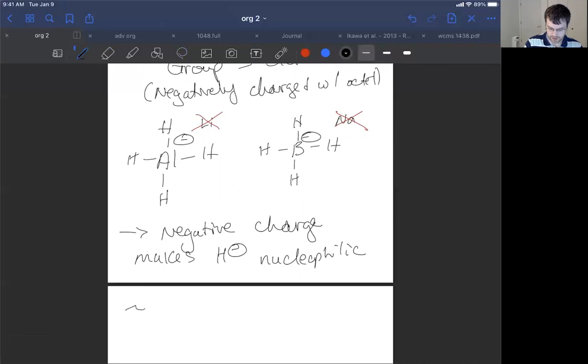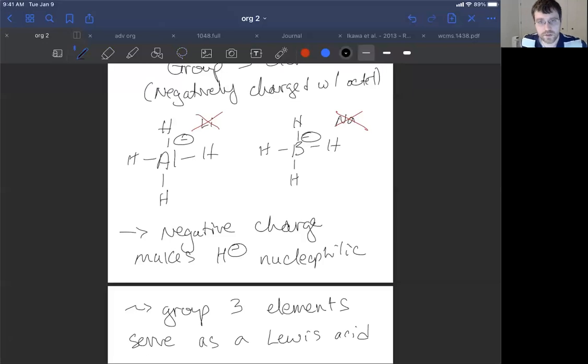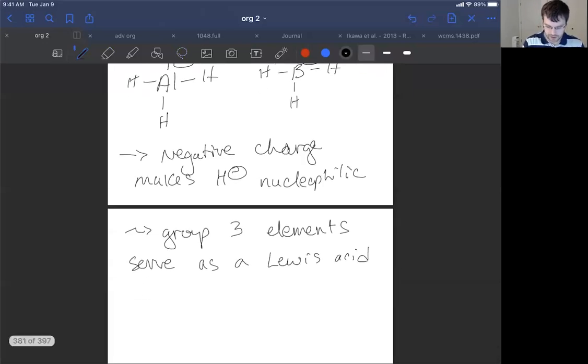Additionally, the group 3 elements serve as a Lewis acid, and so they will adduct to the carbonyl oxygen.